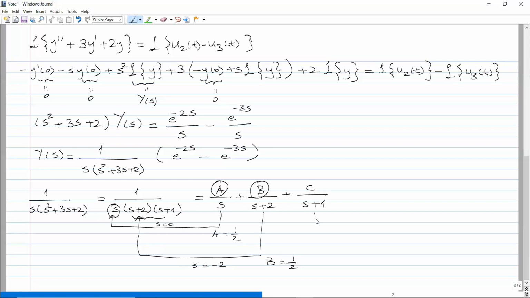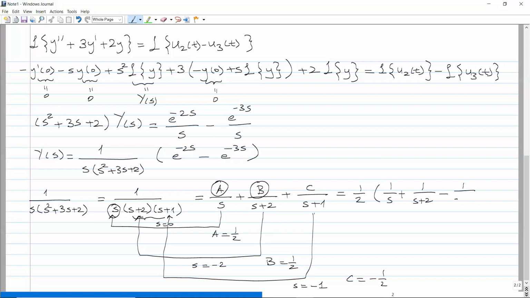And to find C, C goes with s plus 1, so you disregard s plus 1 and you substitute s equals minus 1, because that's where the denominator is 0. If you put s equals minus 1, s is minus 1, s plus 2 is plus 1, so C is minus 1/2. So this whole thing is 1/2 times 1 over s plus 1 over s plus 2 minus 1 over s plus 1.